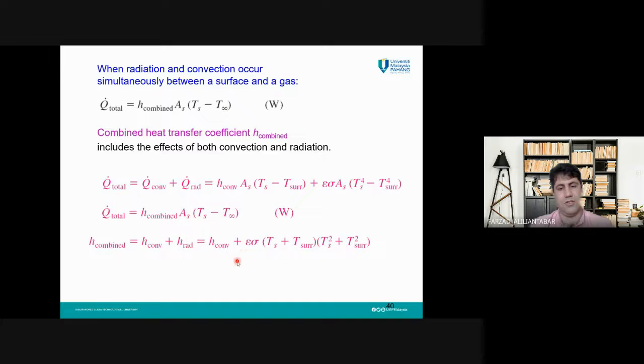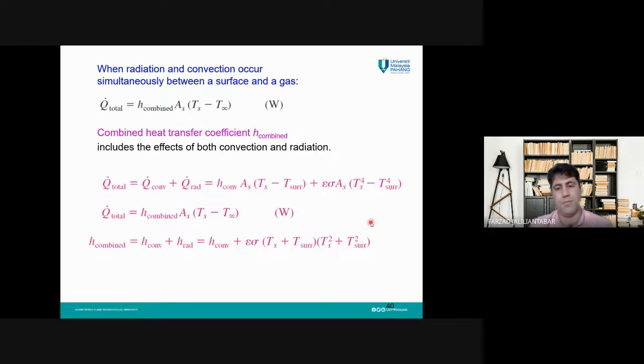H convection, which is the properties for the convection, it should be measured experimentally or it should be given. How about H radiation? This one, we assume that we have a convection due to the radiation actually. This is imaginary amount of H, which is equal to epsilon sigma, TS plus T surrounding, times TS power 2 plus T surrounding power 2.